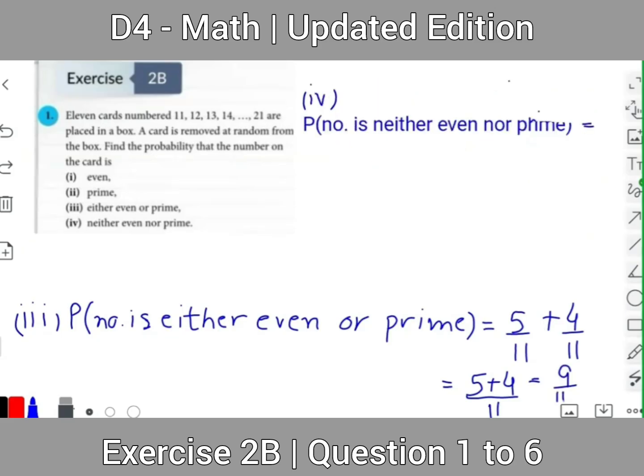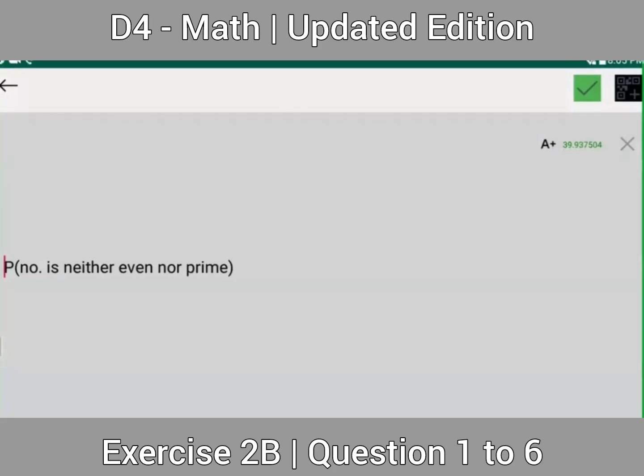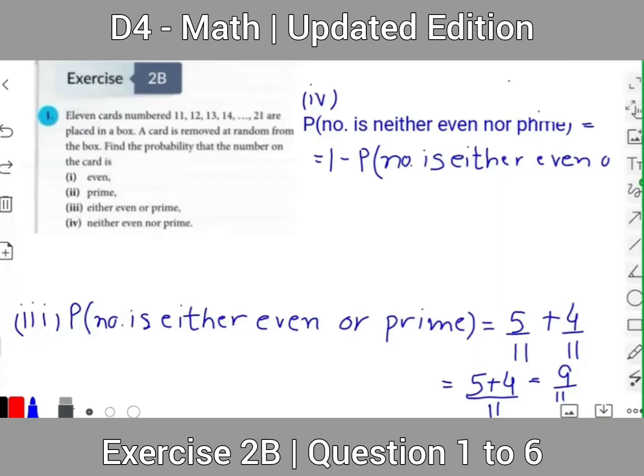Now part 4, we have to find out the probability that the number is neither even nor prime. So to find this probability, we simply take away the probability that the number is either even or prime from 1.